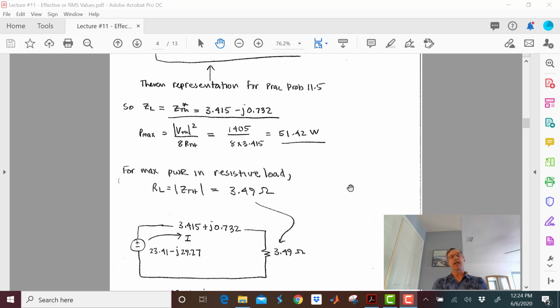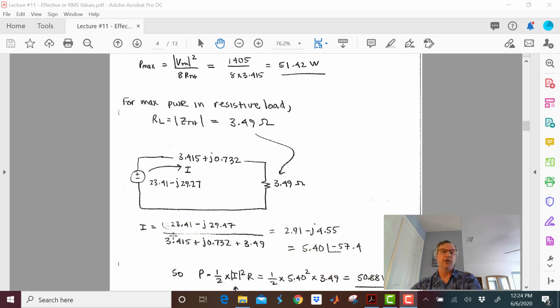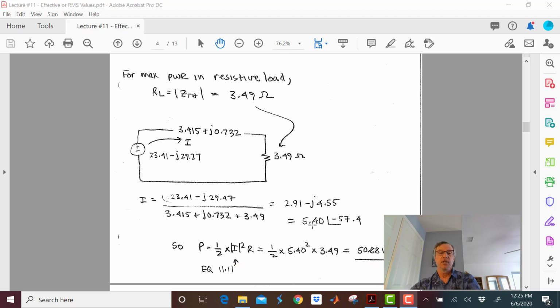And we don't have a handy-dandy formula for that. So I'm just going to go back to first principles. And what I'm going to say is, here's my circuit. Here's my Thevenin impedance. Here's my resistive load. I can get the current, and then I can go 1/2 I max squared R to give me the power here. So my current is going to be my Thevenin voltage divided by all this stuff in series, and here it is.